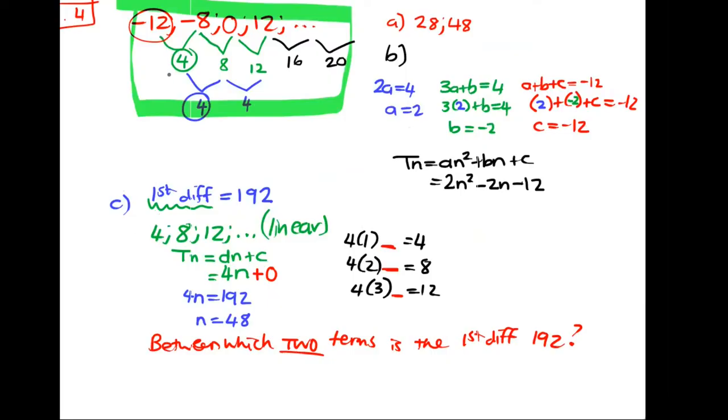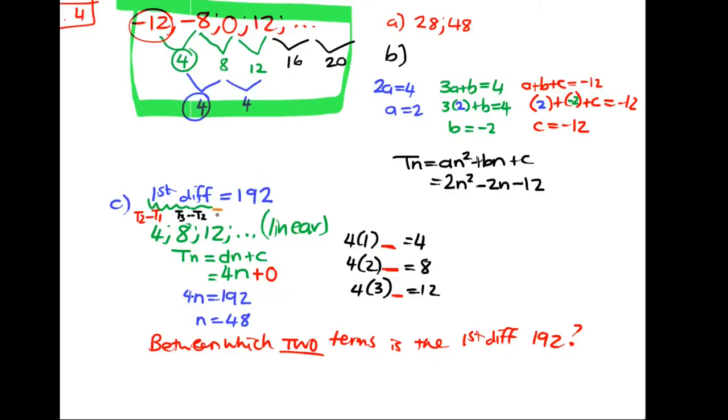How did we get this 4? We said T2 minus T1, that gave us 4. How do we get 8? Well, to get the 8, we said T3 minus T2. That gave us 8. And how did we get the 12?